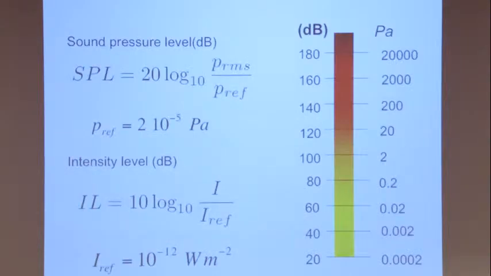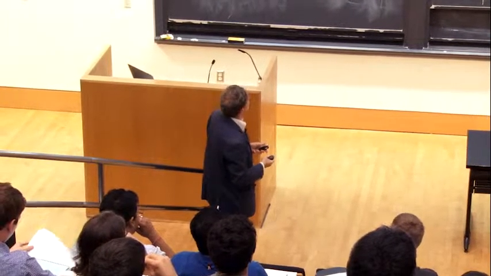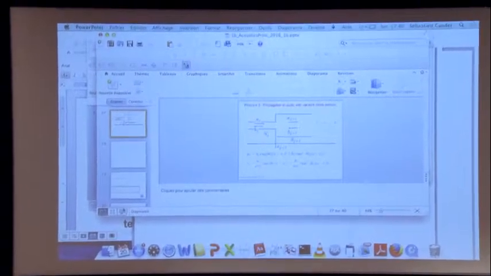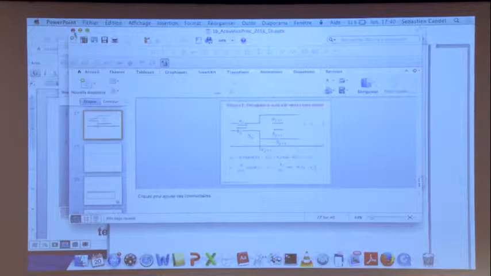So these two definitions give you the same level of decibels, either using the intensity level or the sound pressure level. But of course, if the temperature is different, it doesn't work anymore. This is good for room temperature acoustics. All right, so here we've done this one, and now we turn to the reactive case.